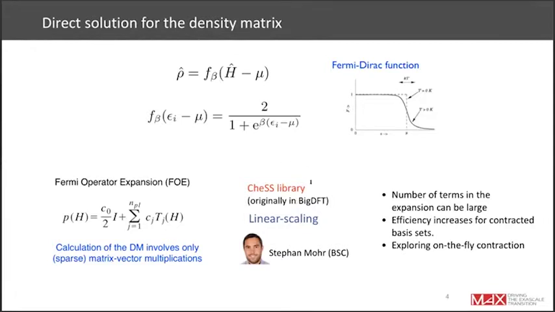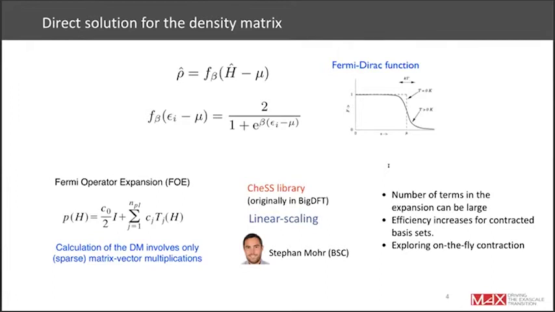This has been implemented in the CheSS library, which was originally part of BigDFT, but has been made into a standalone library and also ported to SIESTA by Stefan Mohr from the Barcelona Supercomputing Center. So this is another linear scaling addition to the SIESTA repertoire.